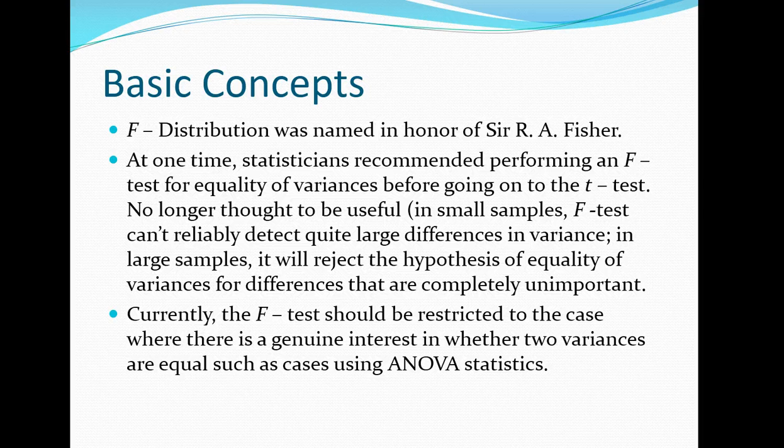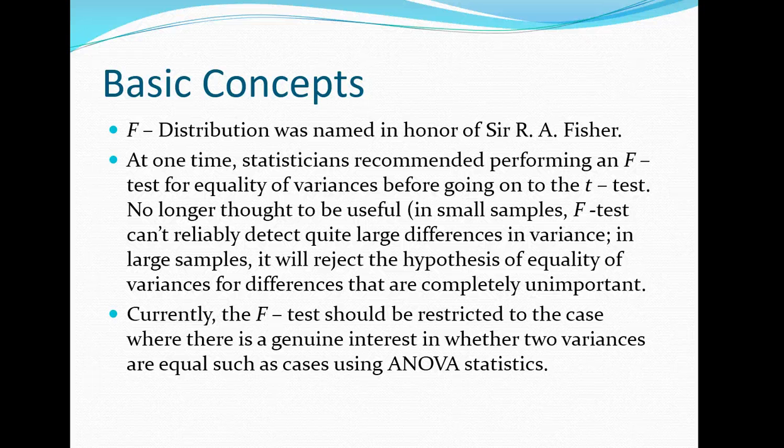Now, the opposite argument is that in large samples, the F-test will reject the hypothesis of equality of variances for differences that are completely unimportant, because that's the function of the large sample.